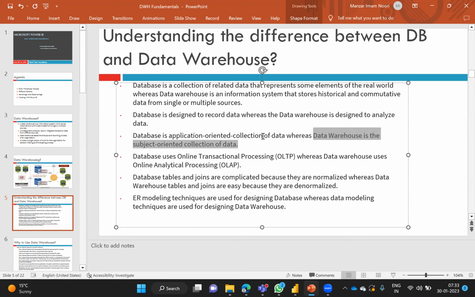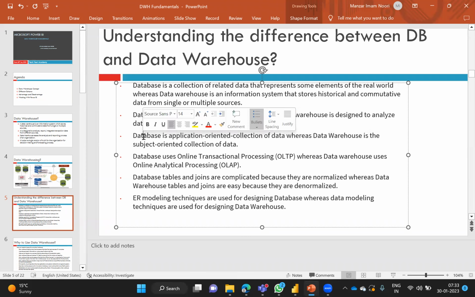Whatever data is required for the ticket booking application, all the data connected or related to this application will be recorded in the system's database.